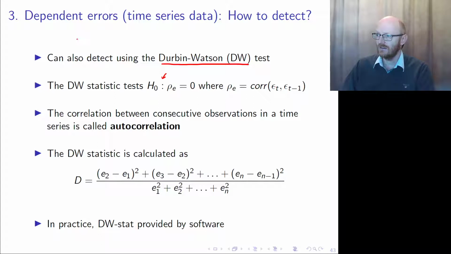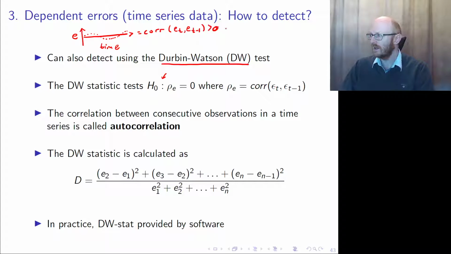The correlation between the residuals at time t and the residuals at time t minus 1 would be greater than 0.